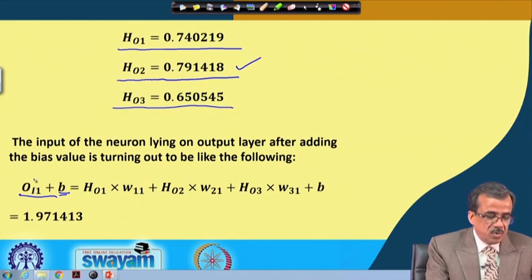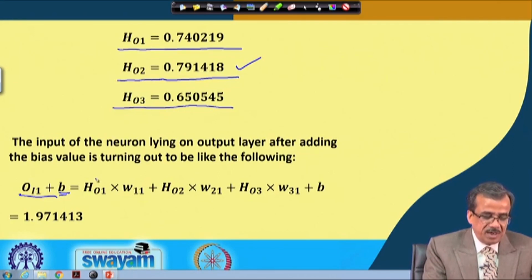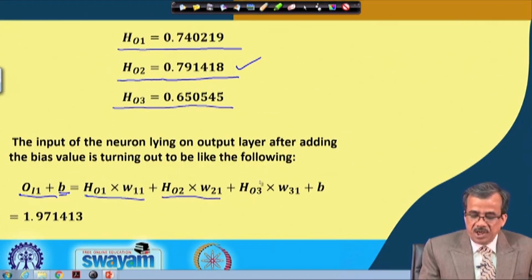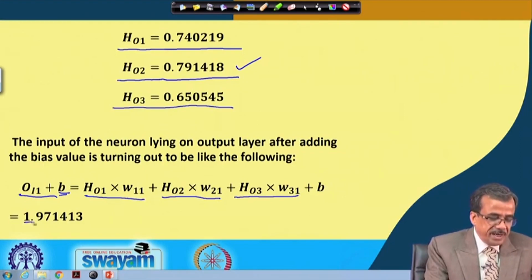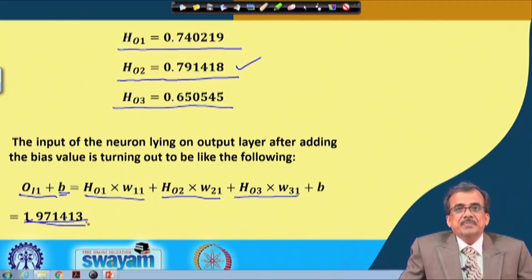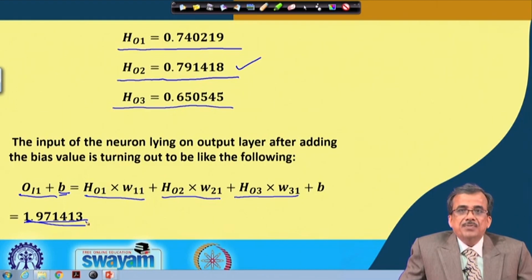OI1 is nothing but HO1 multiplied by W11, HO2 multiplied by W21, HO3 multiplied by W31 plus B. If you substitute the numerical values, we will be getting the input of the output layer.